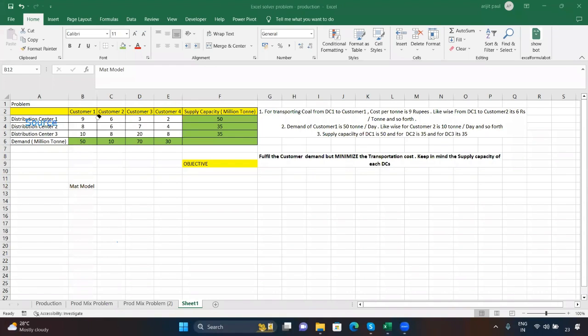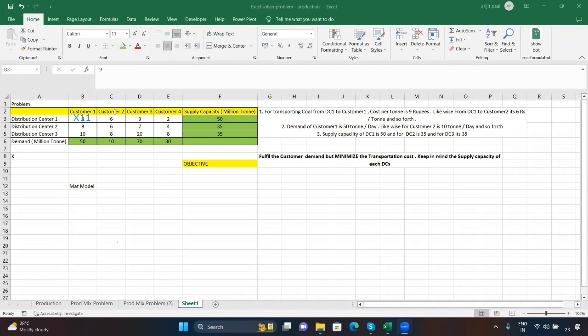Okay. Now, for the sake of creating this mathematical model, we are denoting these cells as X. Let's consider all these cells as X. Now, we are going to refer to the first cell as X11.